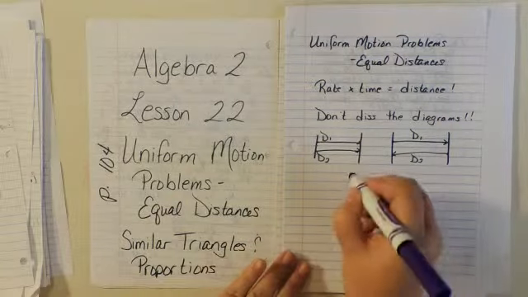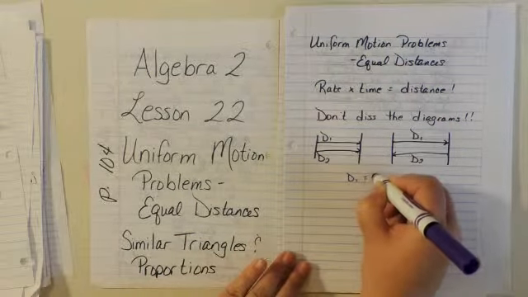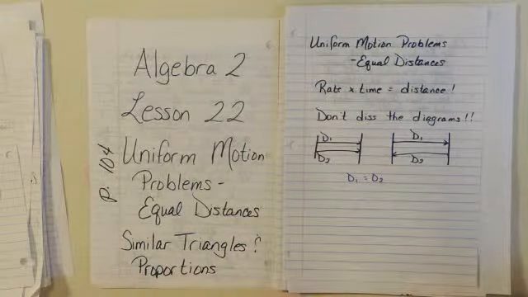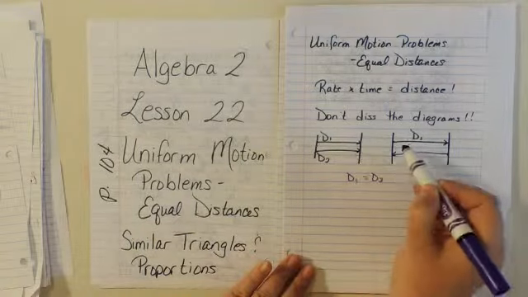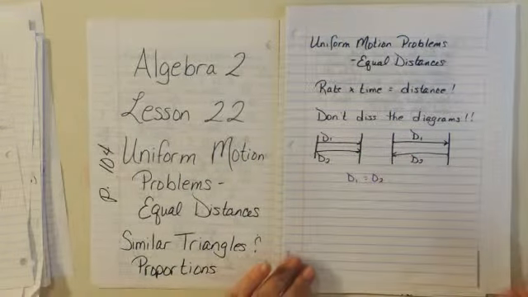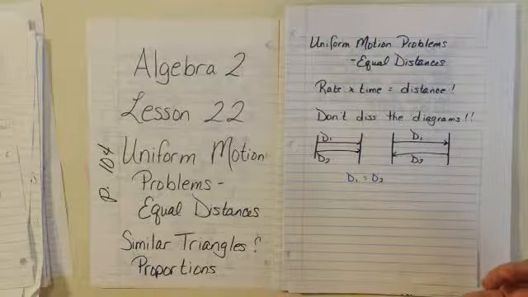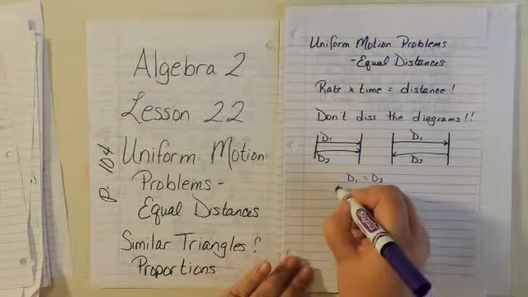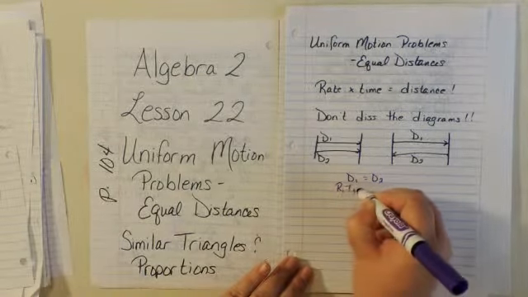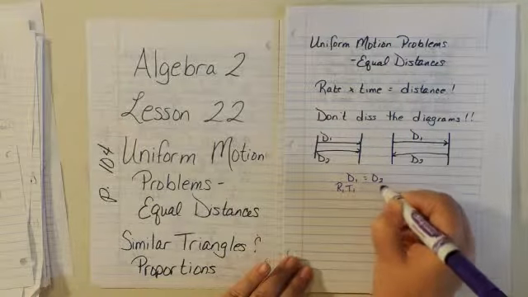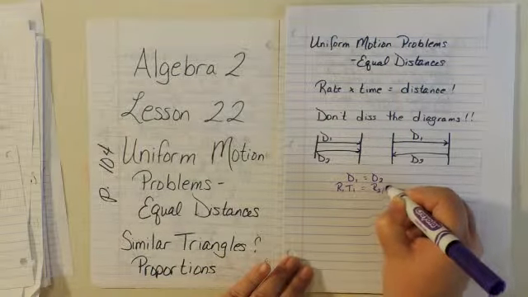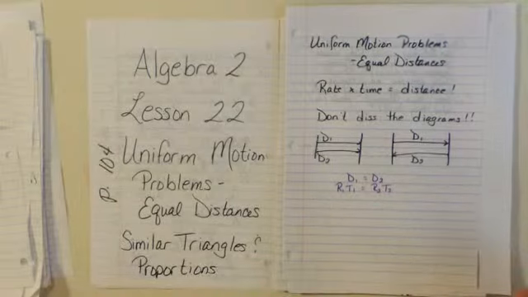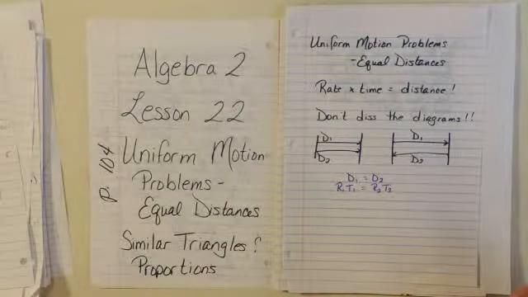In both cases, D1 equals D2, because they're going the same distance, and because distance equals rate times time, that means that rate 1 times time 1 equals rate 2 times time 2.